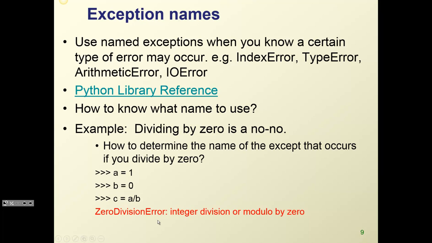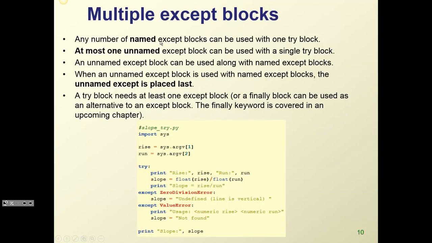ZeroDivisionError, right. The other thing that I was saying earlier is that you can have multiple except blocks with named exceptions. You can have any number of except blocks with one try block, following in that same block. You can have, however, only one unnamed except block with a single try block.